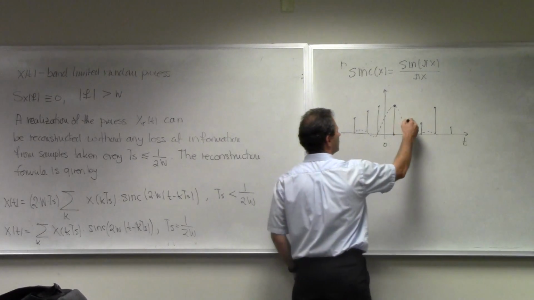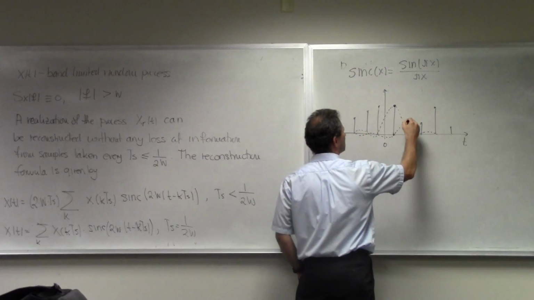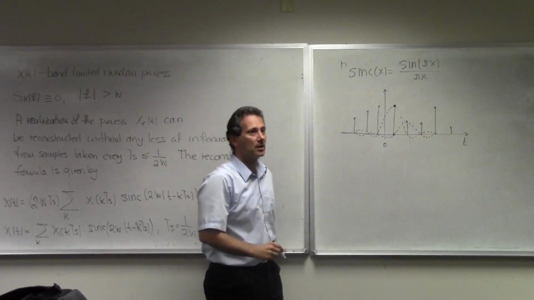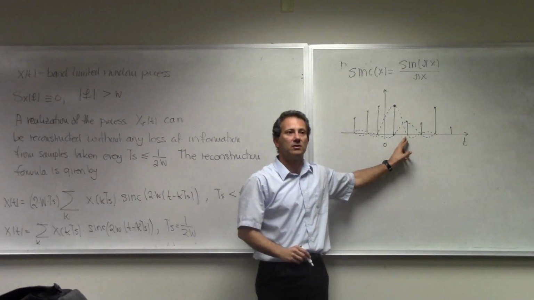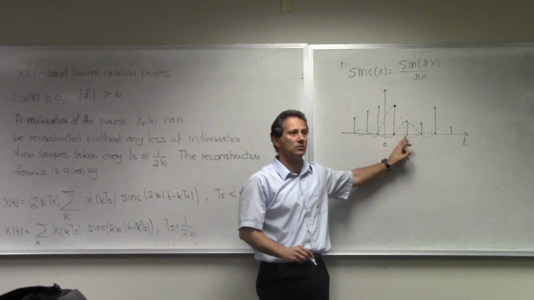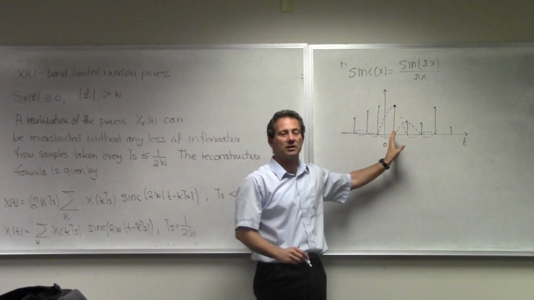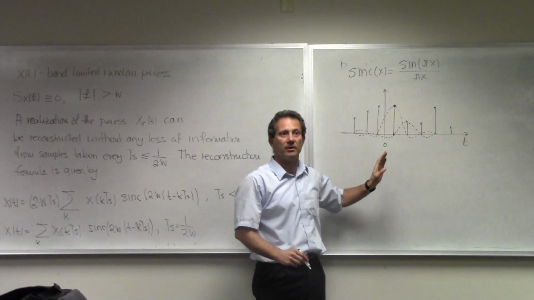Then you move over to this one, and you put a sinc there. So there's a sinc associated with this point, and you do that for every other point. There's no ambiguity at the sampling points, and the sincs don't impact that in any way, because all of them go through 0 except one, right? So the value of the reconstructed signal is always going to be whatever you sampled at the sampling point.